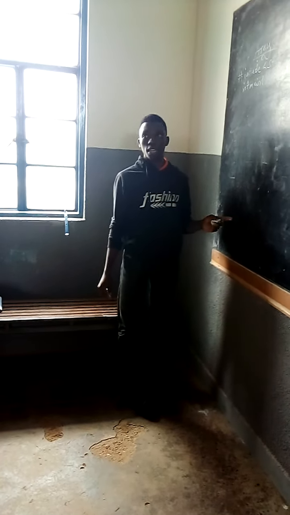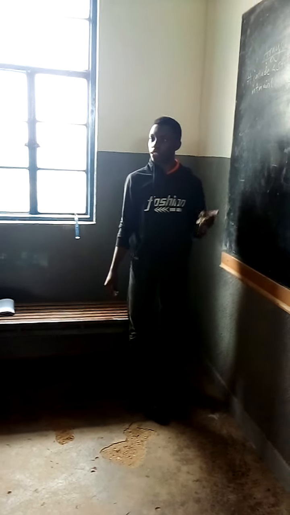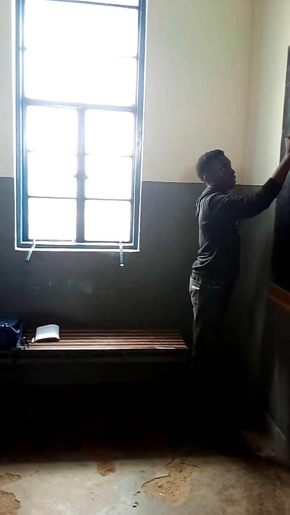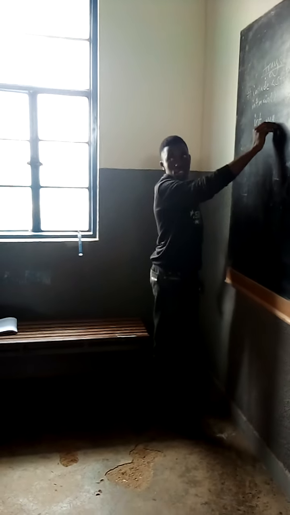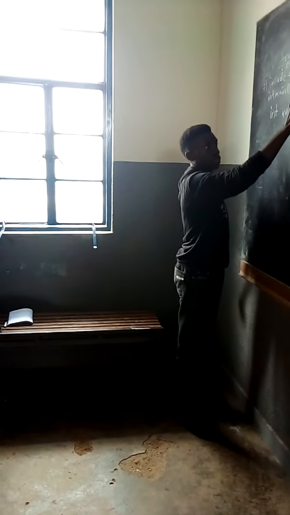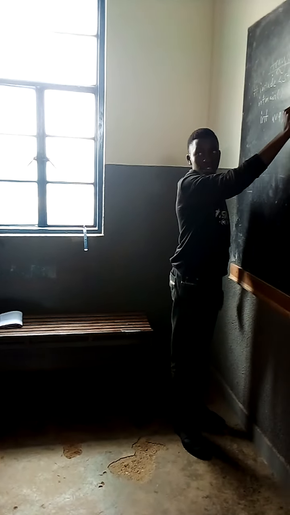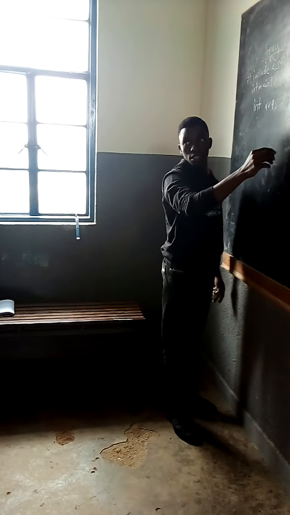Then you declare int average, comma, sum. Let's say sum is equal to 0.